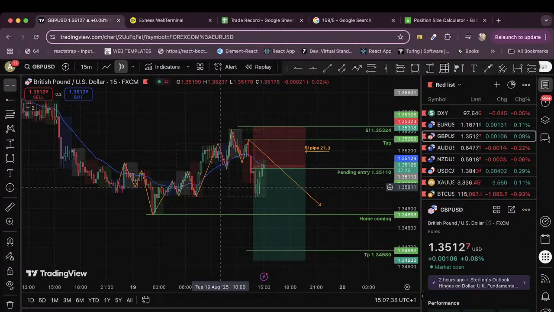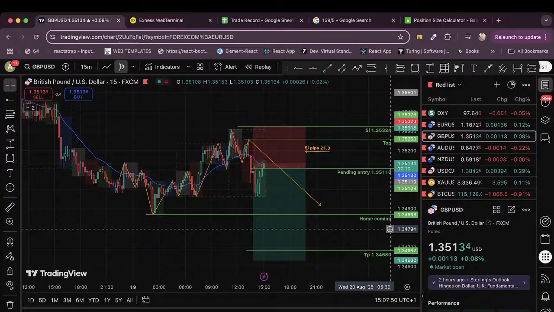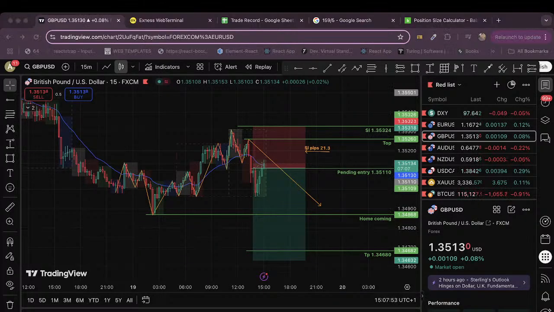Before we enter this trade, the guys that joined earlier would understand how we came about the entry that you're currently looking at.